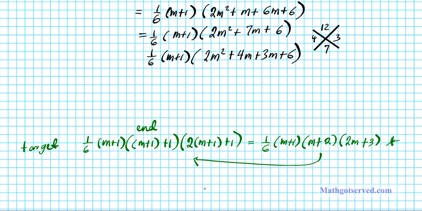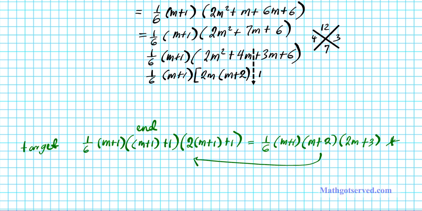All right, so let's go ahead and factor by grouping. Let's see, break this up right here. And then we have 1/6 times m plus 1. And then factor out the GCF from these two. We have, what do we have? 2m times m plus 2.